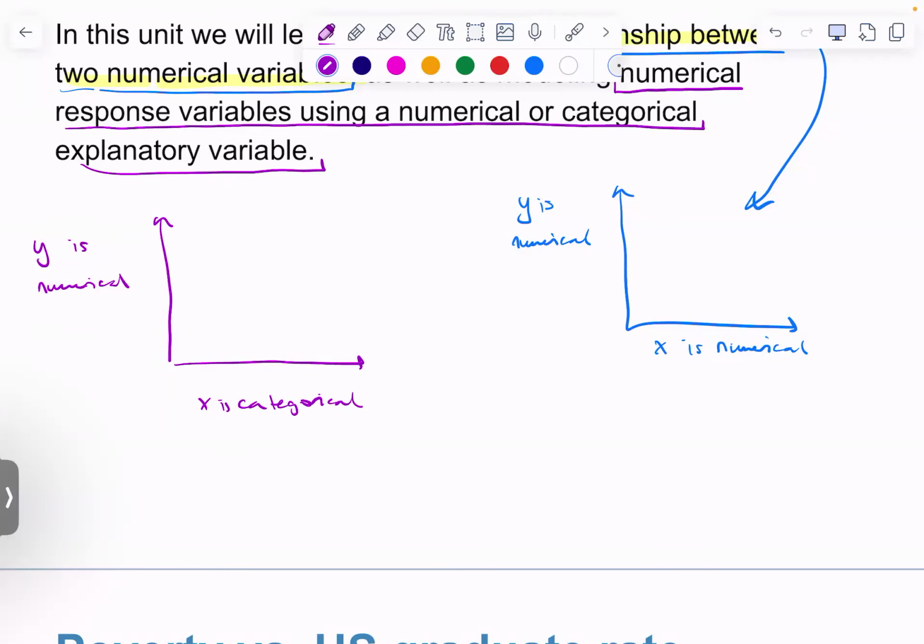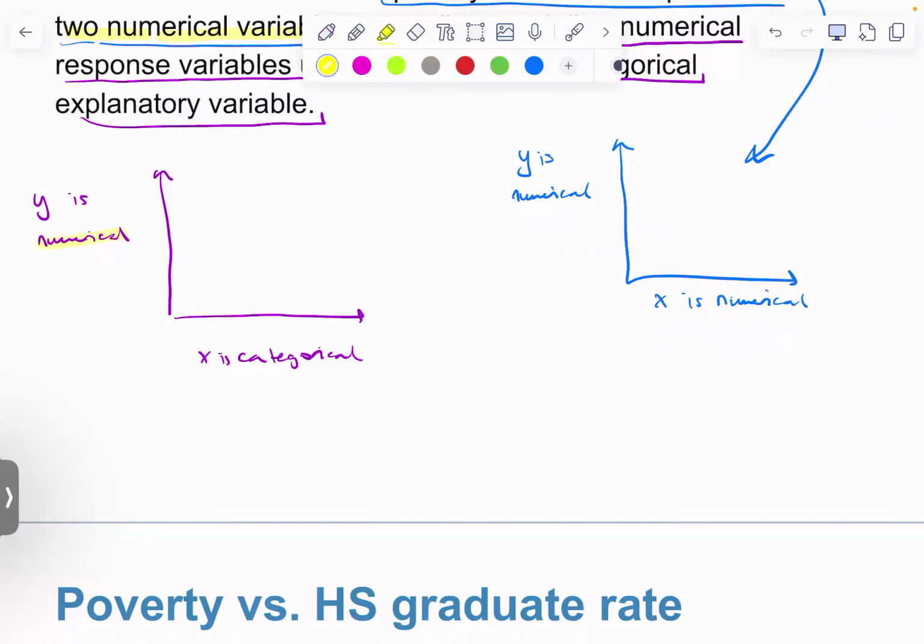In both of these situations, Y is numerical, right? So the response has to be numerical. The response variable must be numerical.